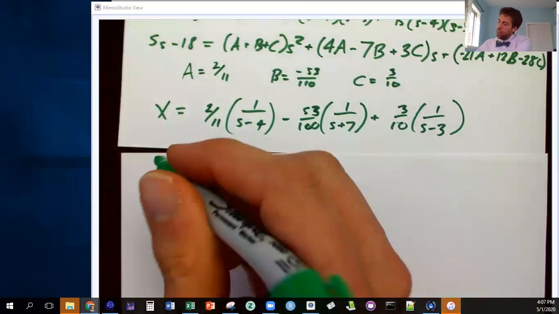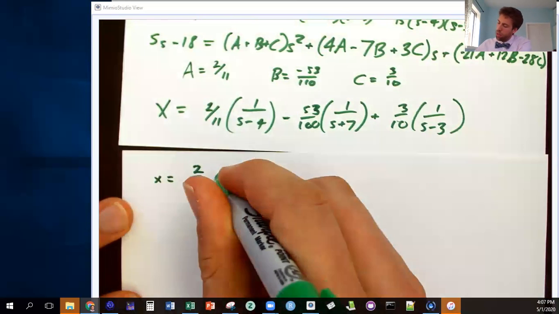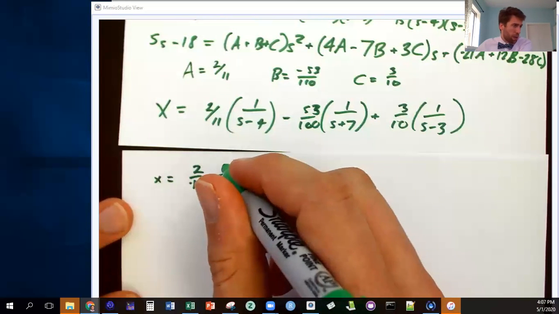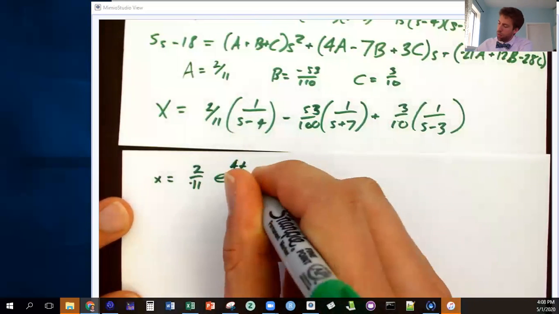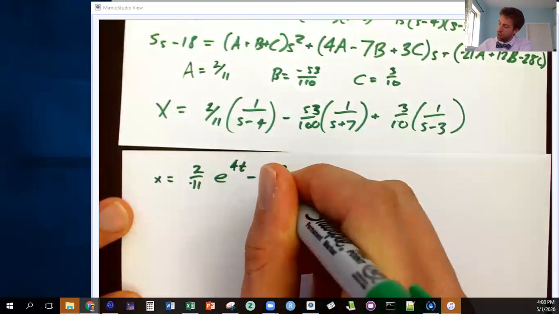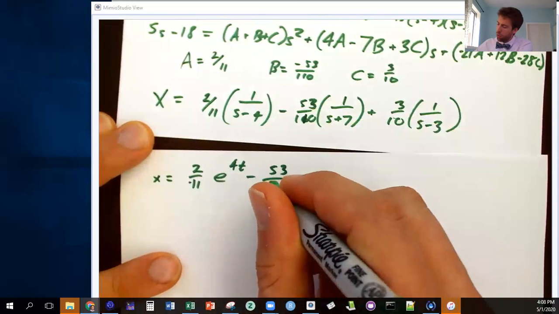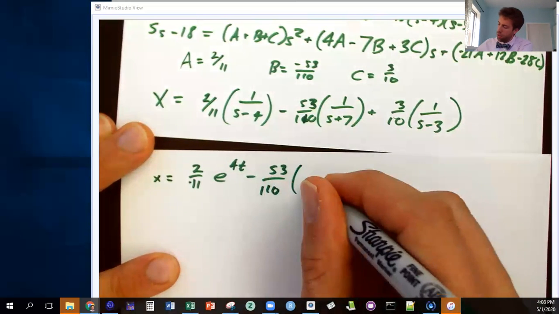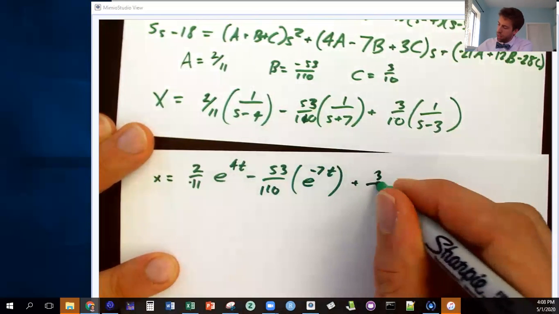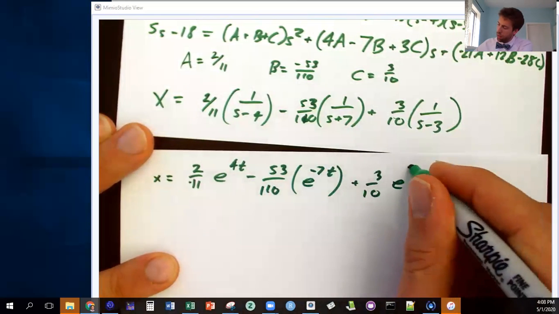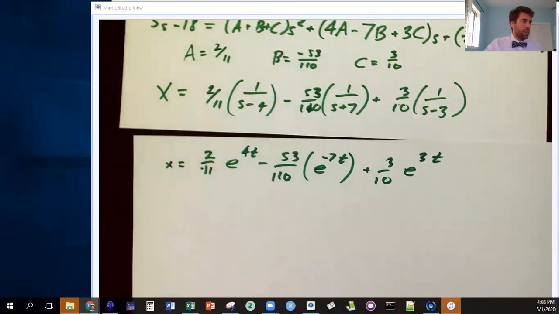That means little x equals 2/11 times e to the, so s minus something means positive a, so e to the 4t, minus 53 over 110 times e to the negative 7t, plus 3/10 times e to the positive 3t. And that's it. That completes this activity.